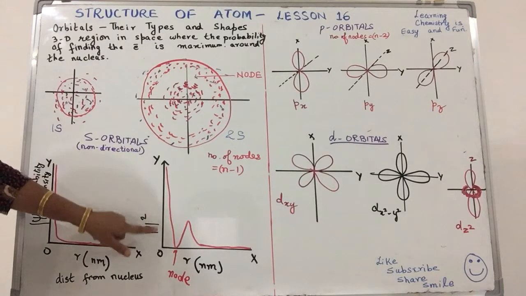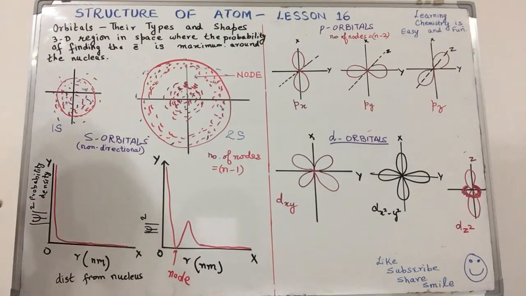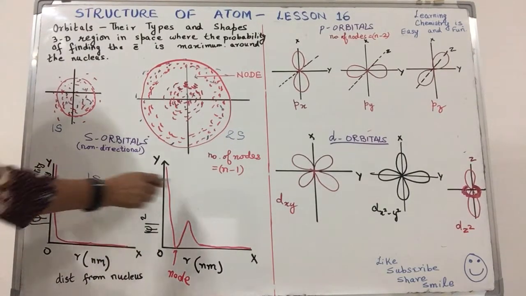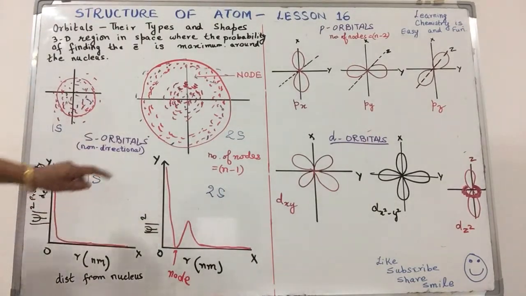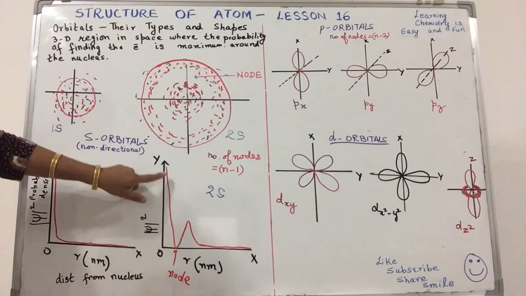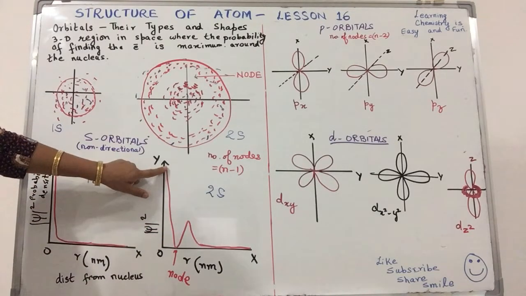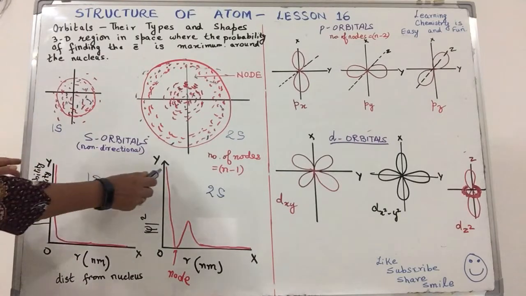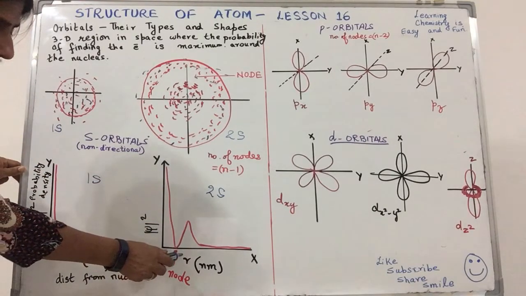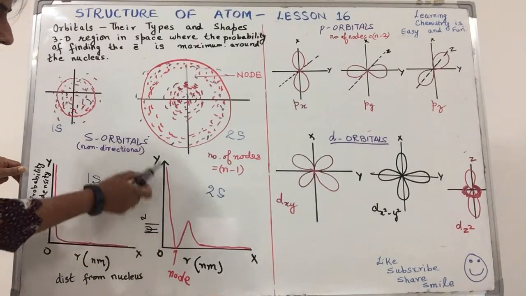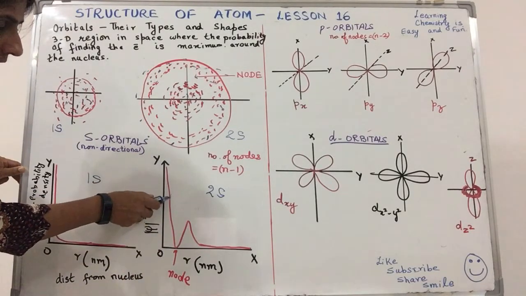Coming to the representation of the probability density for a 2s orbital. Here again the probability of finding the electron closer to the nucleus is high as the distance from the nucleus increases. So as I advance on the x-axis, this graph is coming down.